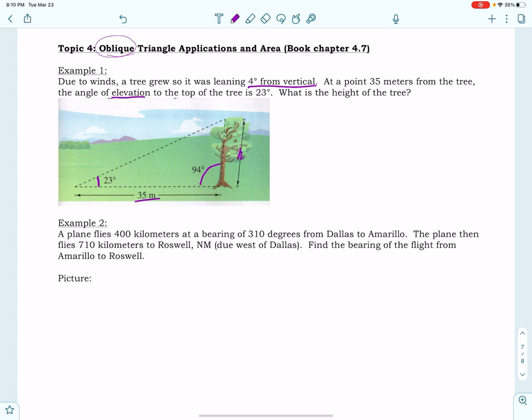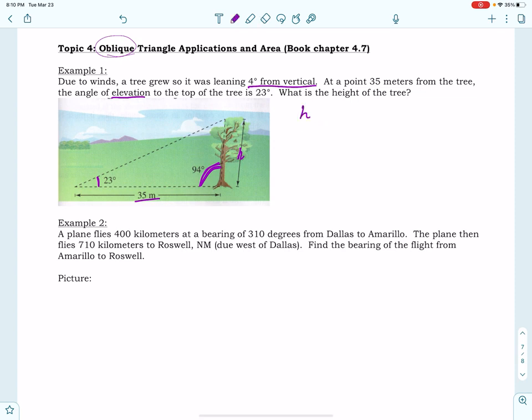So we are looking for the height, and you can tell right away this is not a right triangle because this angle right here is 94. Of course we need to find the height. If you'll notice, I can use the law of sines.